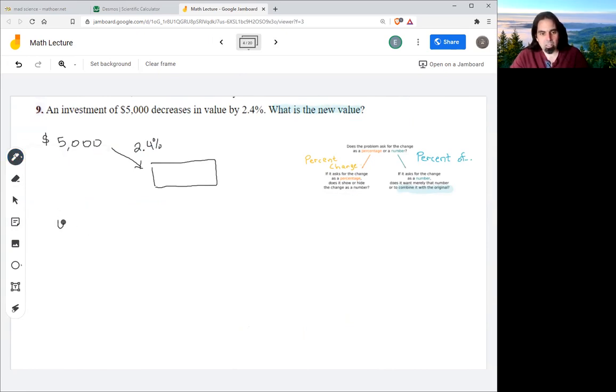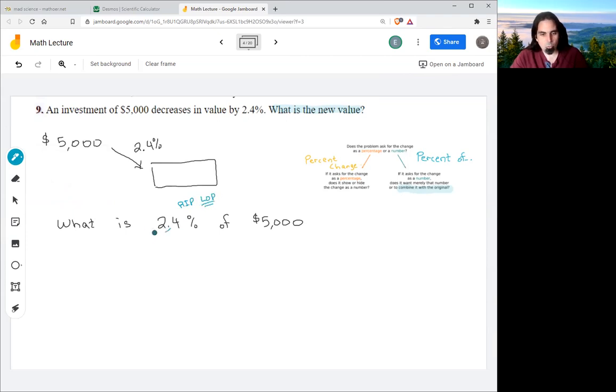So I do need to ask what is 2.4% of 5,000. I will translate things just like before. I'm going to say, let's take that 2.4 and get it out of percent format.